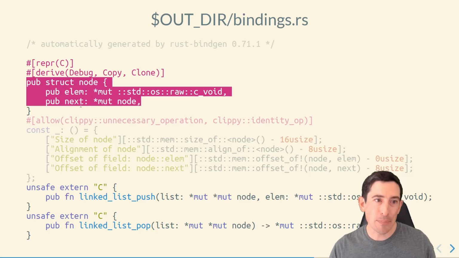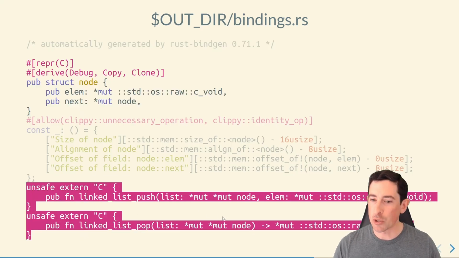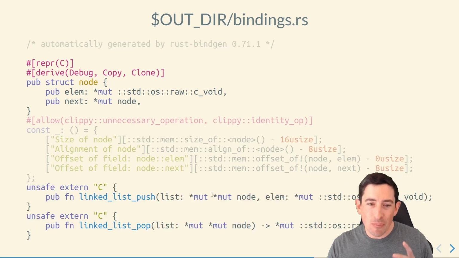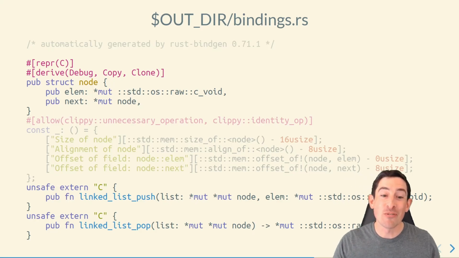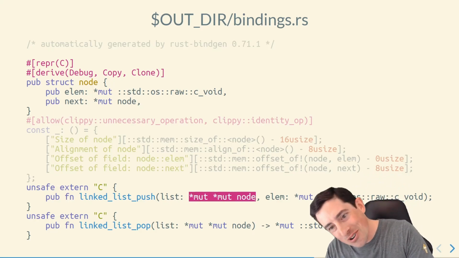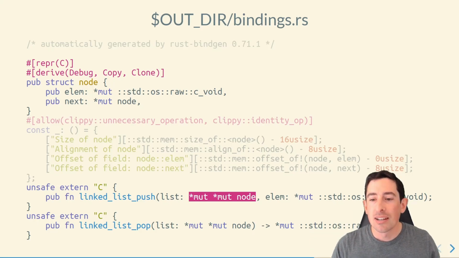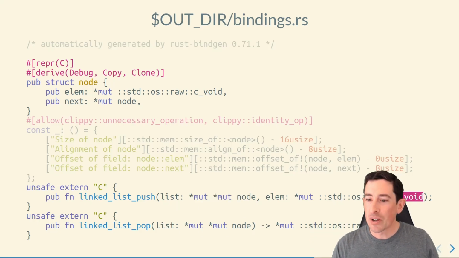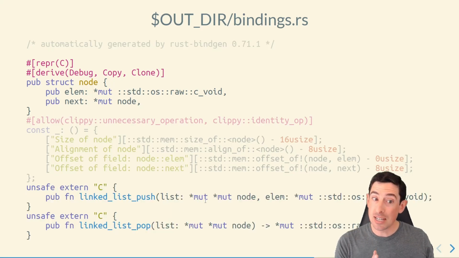But anyway, it copies the struct definition, and then we get our declarations of the functions we needed. And again, it might have been a little fiddly to figure out that a node star is in Rust terms a *mut node, but that's what it is, and Bindgen just does the right thing, thank God. We see c_void again, but otherwise this is a pretty direct translation of the C header file.